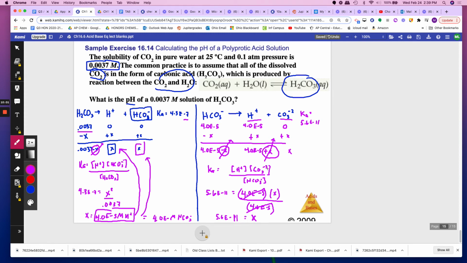This is the X. Okay, what did I just find? This is the amount of X that dissociates from HCO3 minus. Did you get a lot of H pluses? No, this is the amount of H pluses that came off. That's this X right here. That's this X right here as well. You hardly get any of these two things that came apart from this substance.